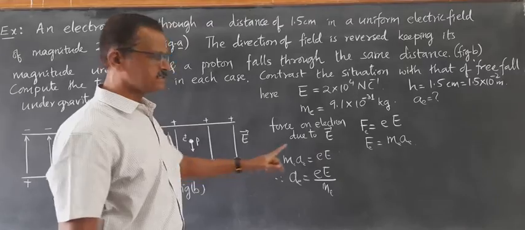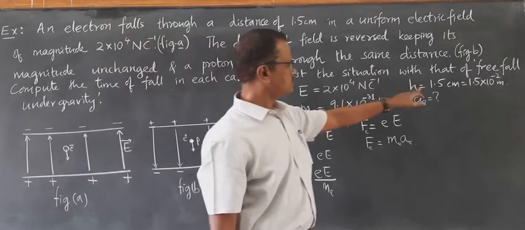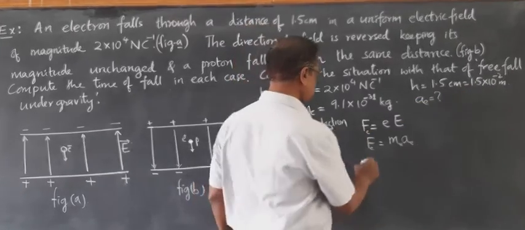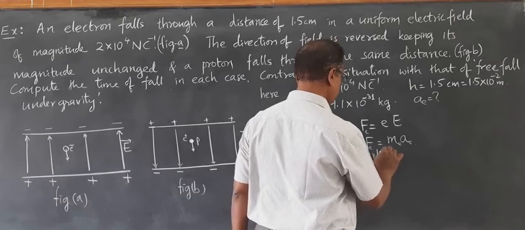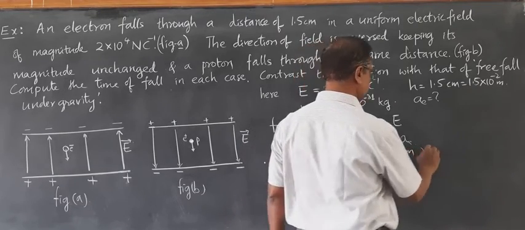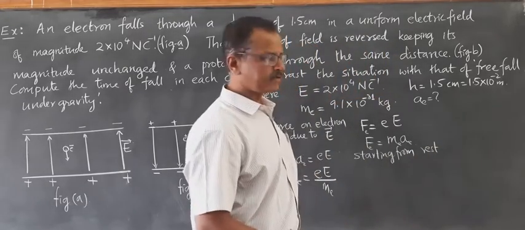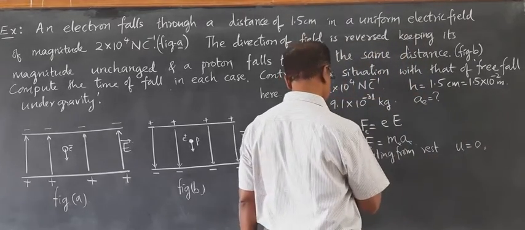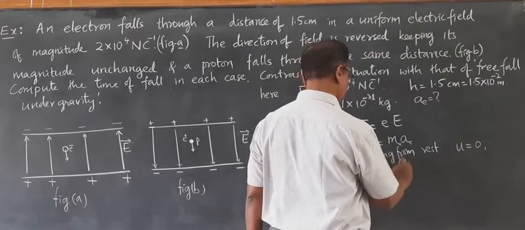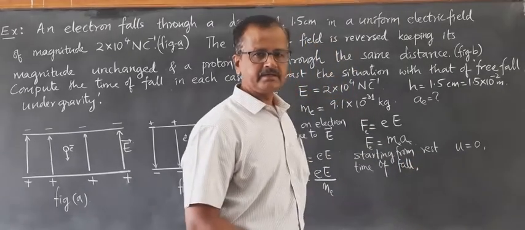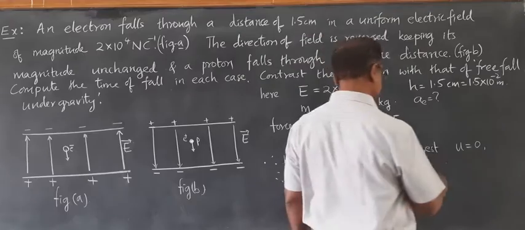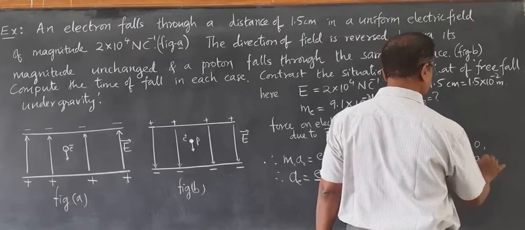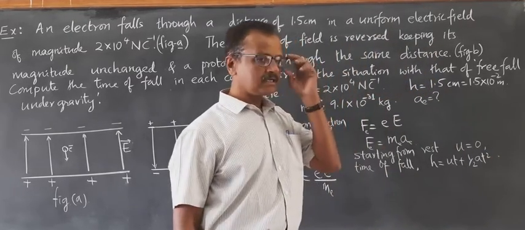Now we can calculate what is the time of fall. Time of fall to fall through a distance of 1.5 centimeter, starting from rest, that is u equal to 0. Time of fall can be calculated using second equation, h is equal to ut plus half a t square.